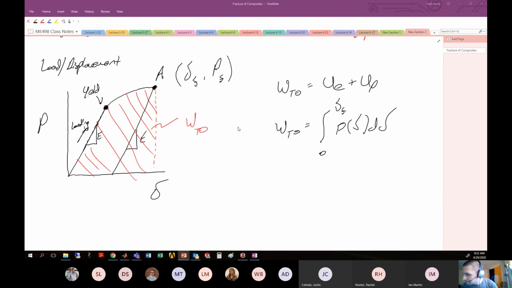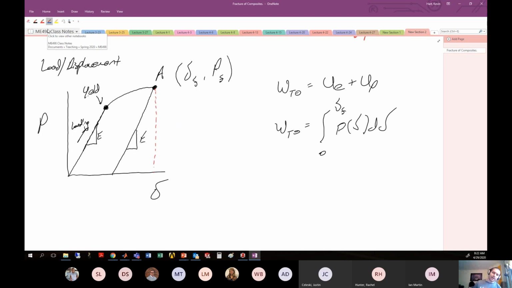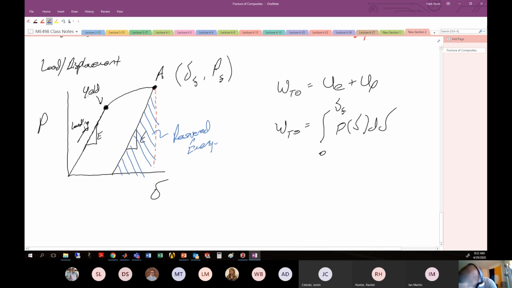Back to this figure. I don't want to have to draw it again. So there's your total work, and that's balanced by the energy of elasticity and the energy of plasticity. So the energy of elasticity is the energy that is recovered. So this is the energy that was recovered, and that is UE.